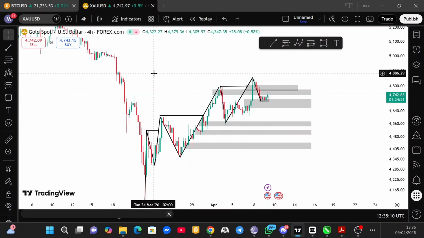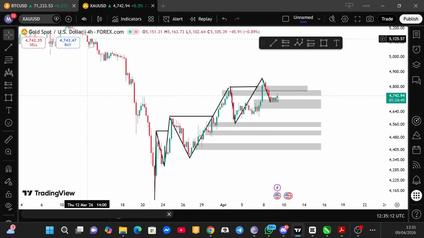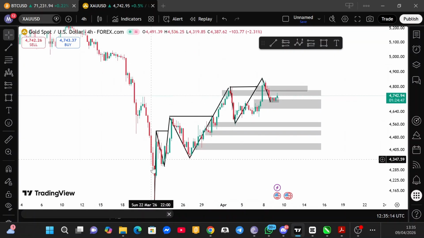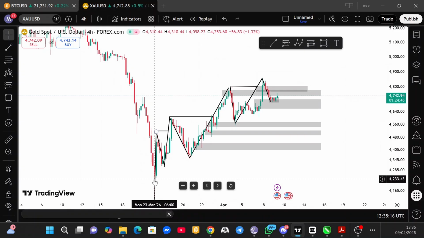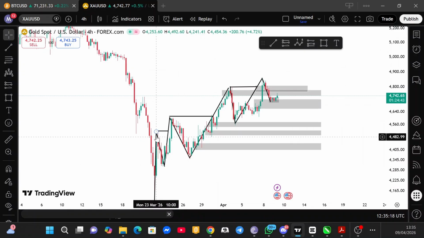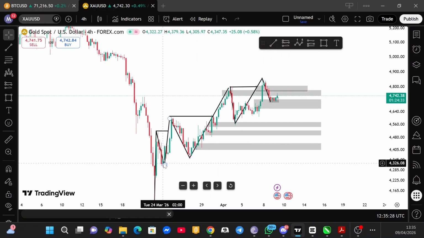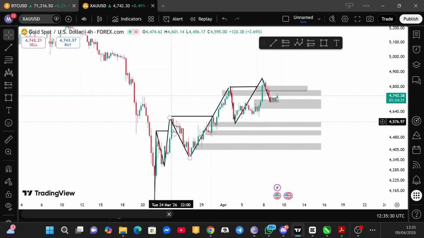Now let's realize something. The market was previously bearish. Now this point here is the last low in the bearish movement, the last high in the bearish movement before the market switched bullish.